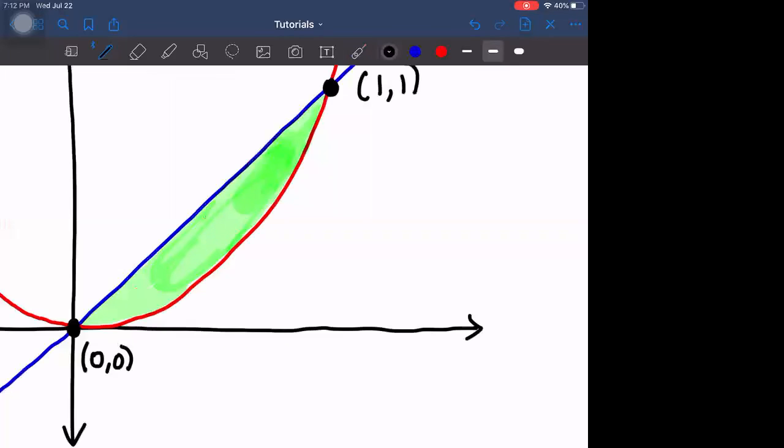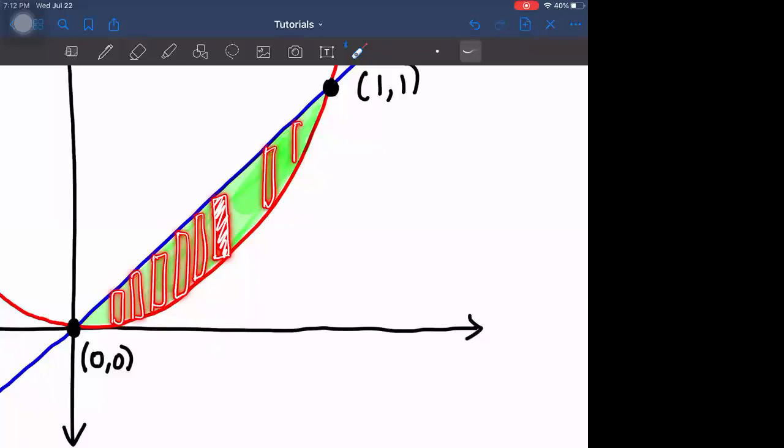If you draw a vertical strip anywhere in the region, one end touches the line and the other end touches the parabola. It works for a horizontal strip too, because anywhere inside the region, one end touches the parabola and one end touches the line. So either of the two.